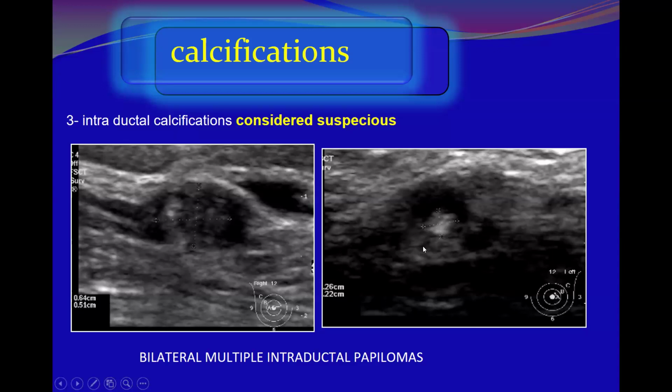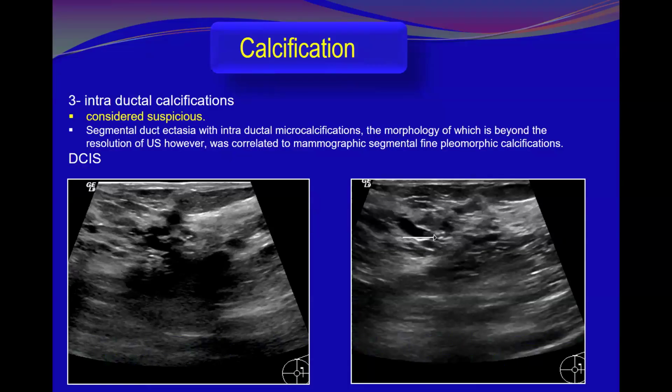And this is my patient, proven to be bilateral intraductal papillomas. This is also my patient, okay? Her mammography demonstrates segmental fine polymorphic calcifications. Corresponding ultrasound demonstrates segmental ductectasia with intraductal punctate calcification, and biopsy proven extensive DCIS.